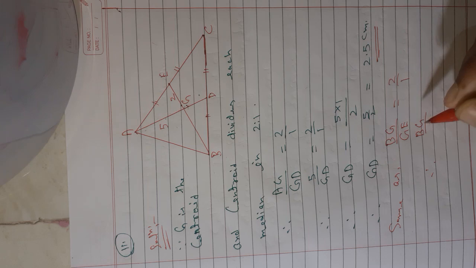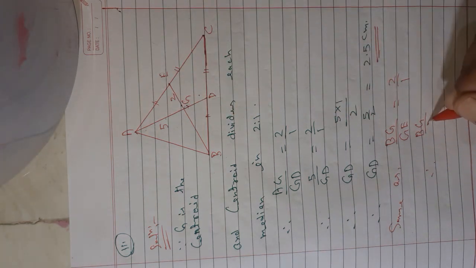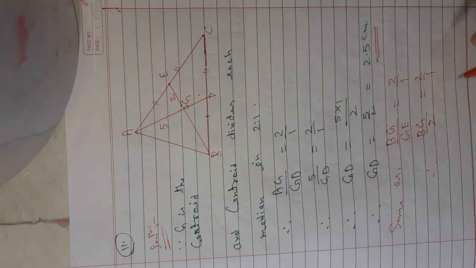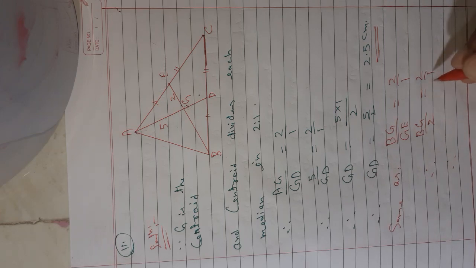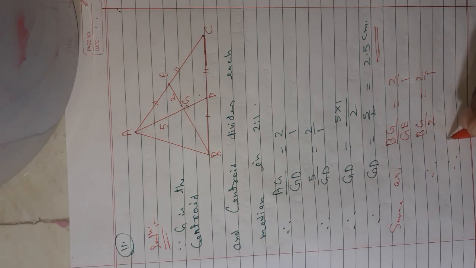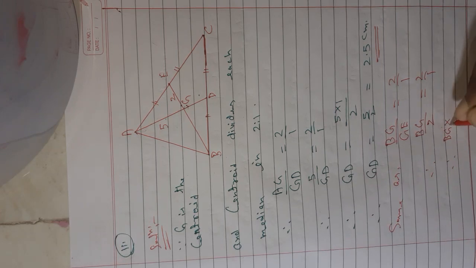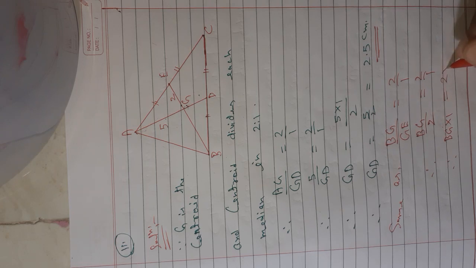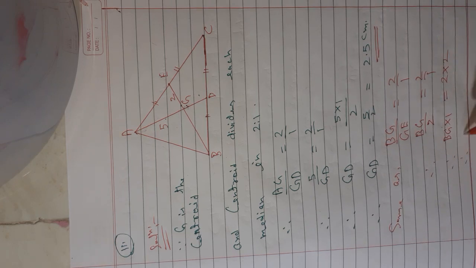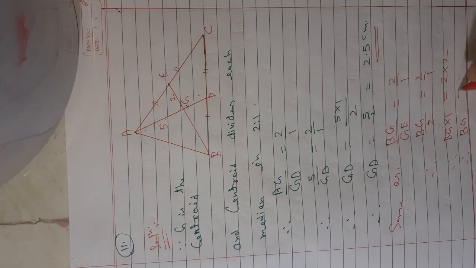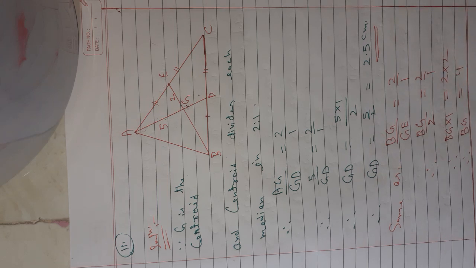BG upon GE, GE is 2, is equal to 2 upon 1. Therefore you will do cross multiplication. So BG into 1 is equal to 2 into 2. Therefore BG is equal to 4. Clear? So you got BG is equal to 4.